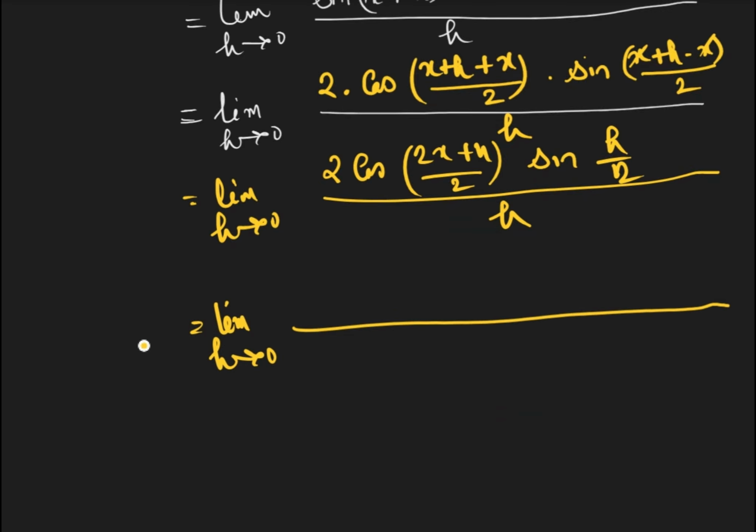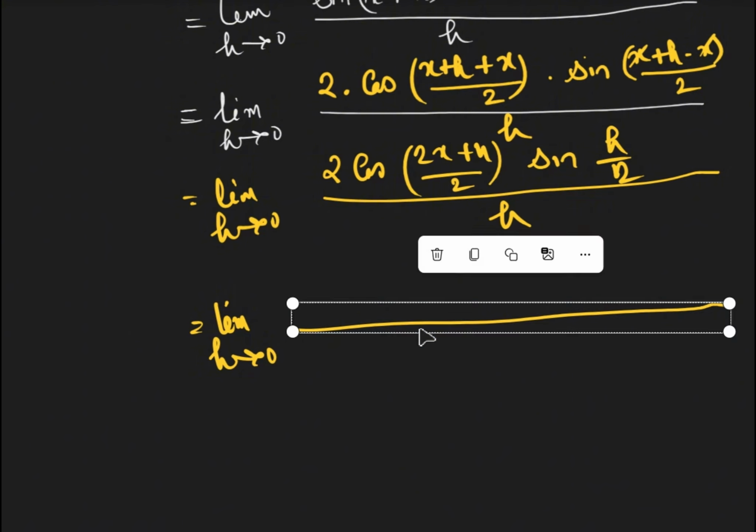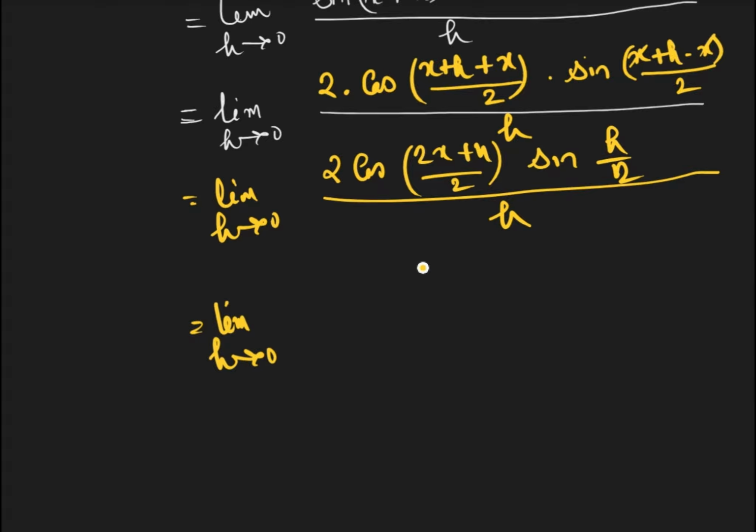So here we could write down limit h tends to 0. Okay. So we could write down sine of h by 2 over this h here, and this 2 we could write down here.